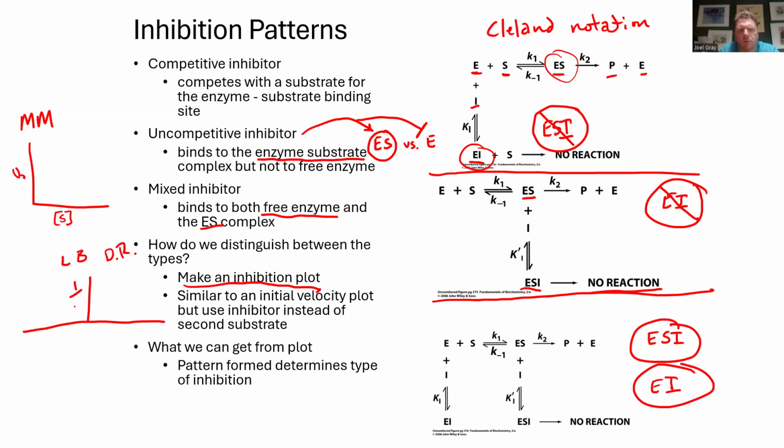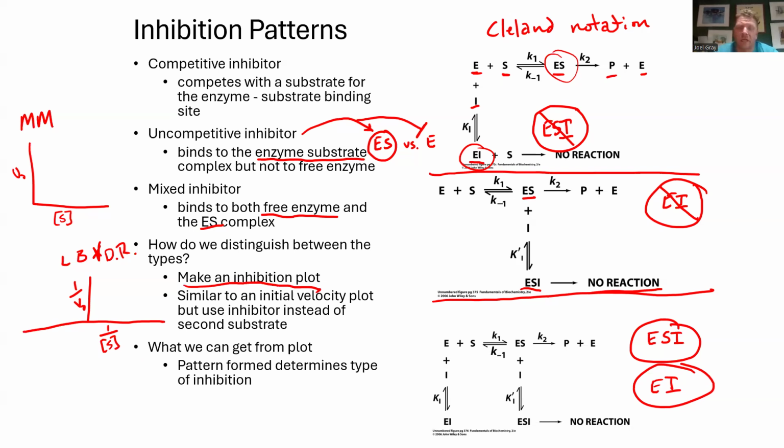That DR plot is 1 over initial velocity on the y-axis and 1 over substrate concentration on the x-axis. This Lineweaver-Burk plot is the type of plot that you're going to need to be most familiar with for the study of different types of inhibitors.